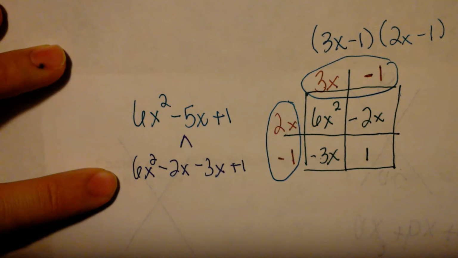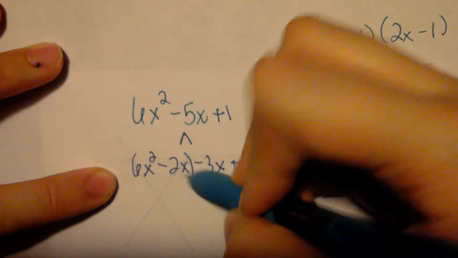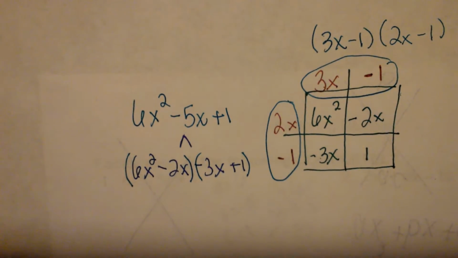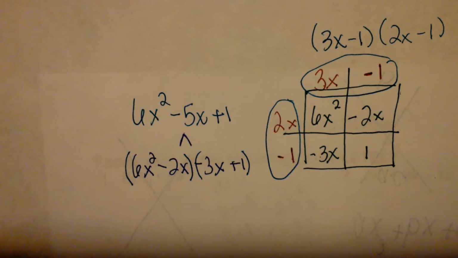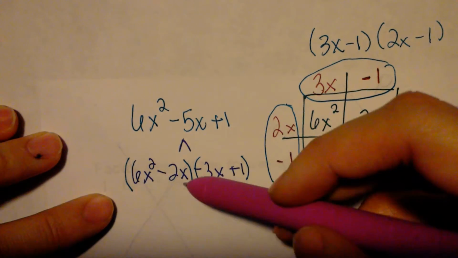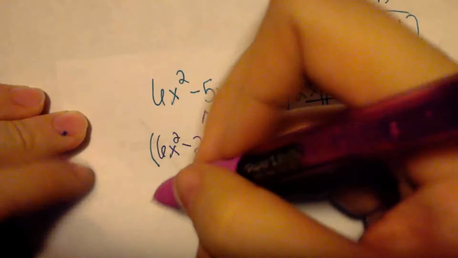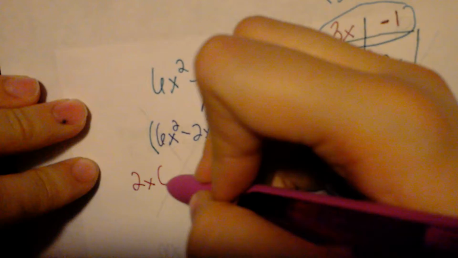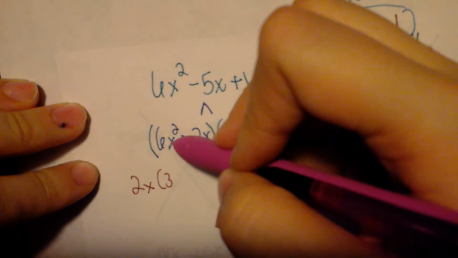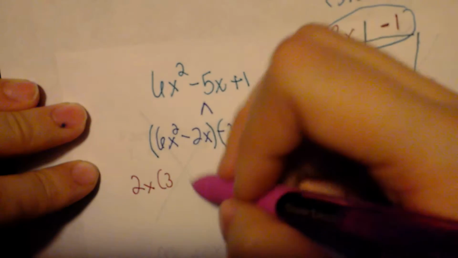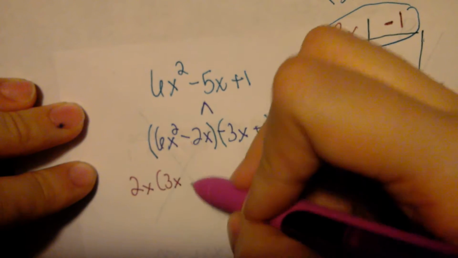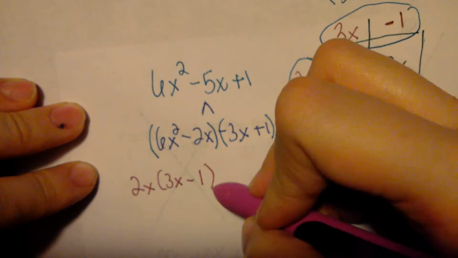So if I was going to use grouping, I'd pair off my 4 terms, and I look at what each set of parentheses has in common. So the first one, there's a 2x in common. And so 6 divided by 2 is 3. If I took 1x away from x squared, I'd have an x. And if I took this whole term out, I'd have a -1.